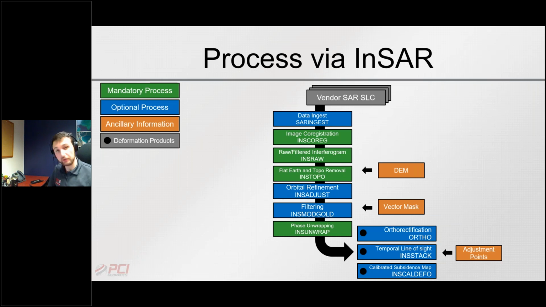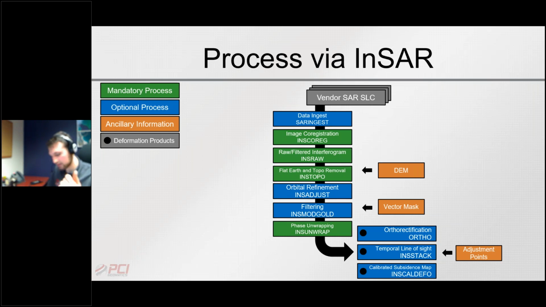We do this utilizing a DEM, and it's important to note that the quality of the DEM will have an impact on the results. For this instance, we're using an SRTM, so there will be few artifacts in our final output. We'll be using INS Topo, which will remove the flat earth and topographic phase. We know the flat earth because we're working in the Earth model of WGS84 and the Earth orbit. To remove the topographic phase, we will use the DEM.